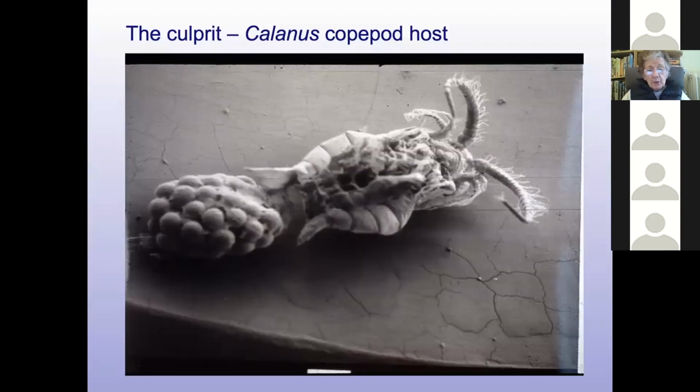This is the copepod. The egg sac carries, you can see to the left, the eggs of this gravid female about to release her eggs into the water column.